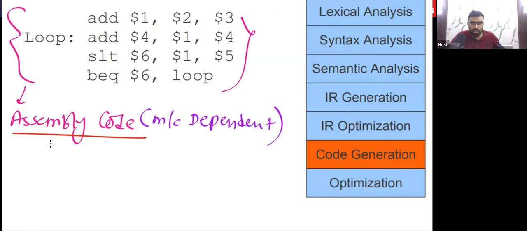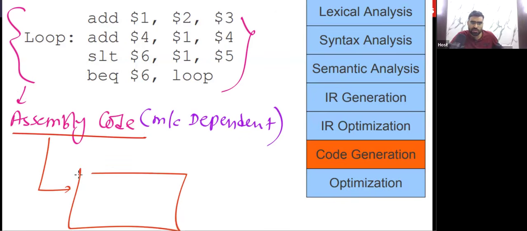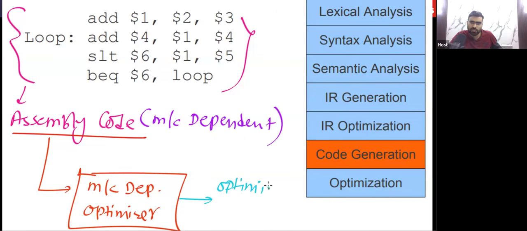Now you can optimize this. You give this to the optimizer, the machine dependent optimizer. To this optimizer, you give this input, and then it will give you optimized assembly code.